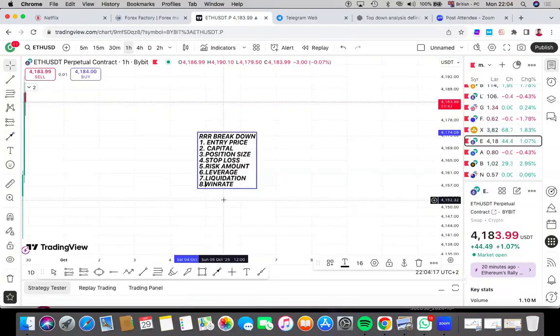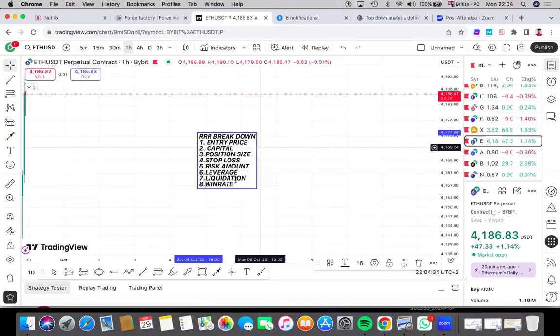That's your win rate, and there's a formula for that. The formula for win rate is the number of wins divided by the number of deals pursued, times 100%. That will give you your win rate. The last but not the least will be our break even.